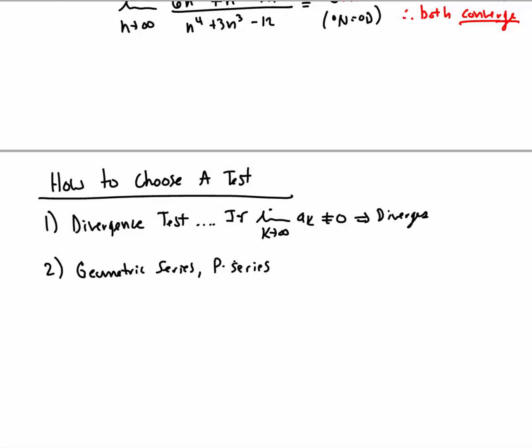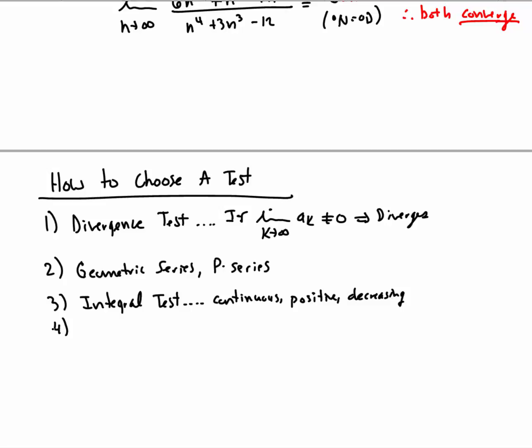Then what we can do next is you can say, okay, can I integrate it? If it's easy to integrate, then you could use the integral test. But remember, in order to use the integral test, it has to be continuous, positive, and decreasing. And you have to show that. You can't just say it is. You have to actually show it. Continuous, positive, and decreasing.